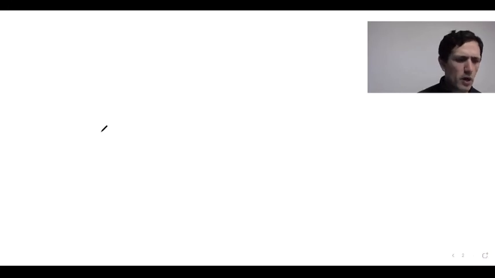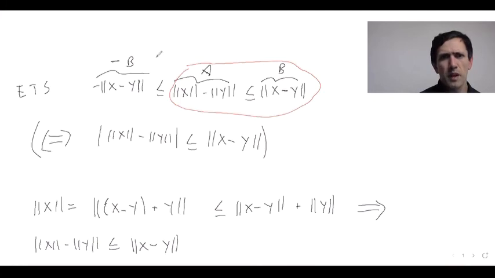Okay, so really all we're going to do is switch x and y to get the other half, which I will denote in blue. So now I want to prove this half here.